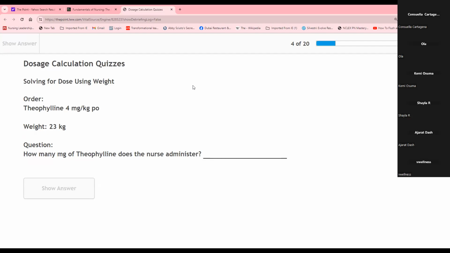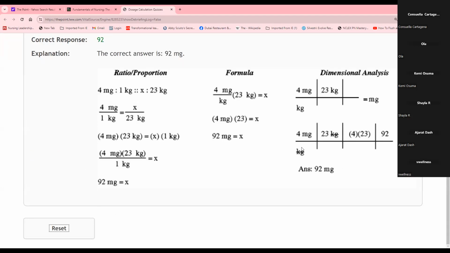You can also go to dosagehelp.com, but they're not laid out quite as nice as these are. 92. 92. Okay, 92. Good job.